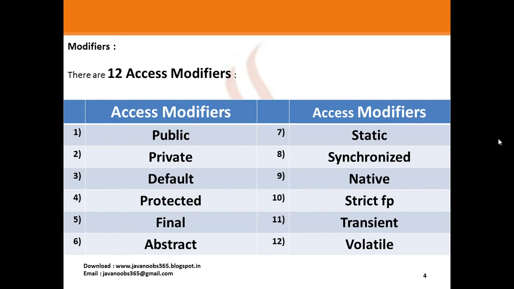Some of the modifiers I'm sure you haven't heard of. Not to worry, I will cover them in my future tutorials, and I'll make sure that all these modifiers are used in my tutorials. But just to give you a brief idea, I'll talk about a few. Synchronized allows only one thread at a time. That's the thing you want to remember. Native is applicable only to methods.